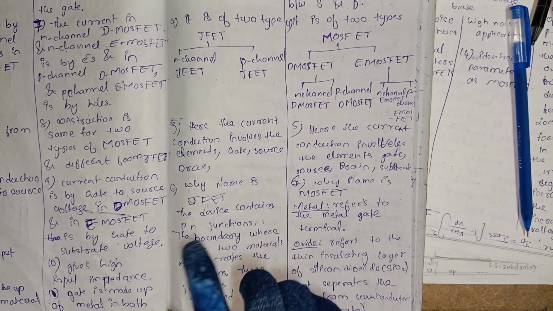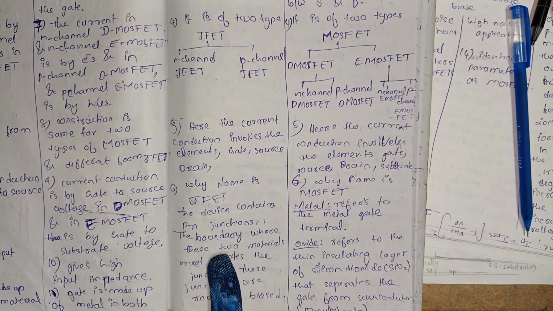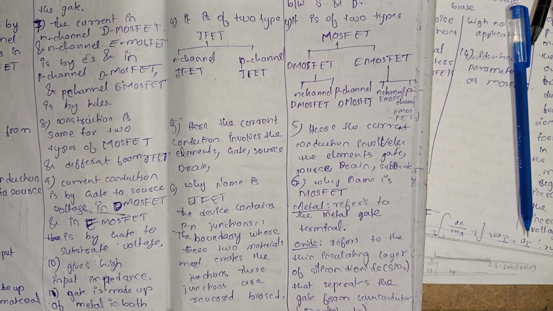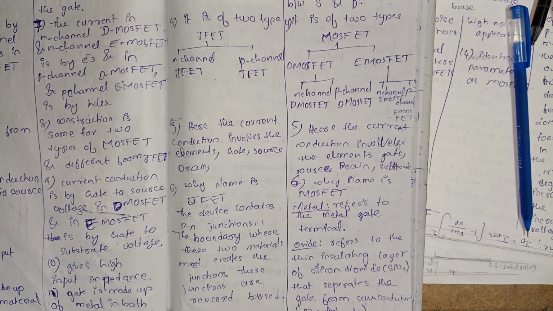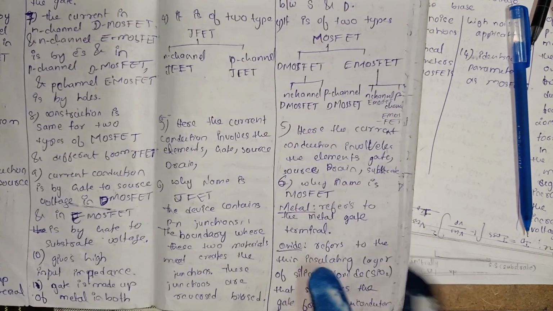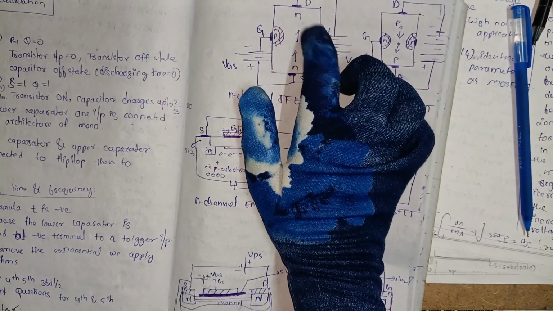Why the name is JFET: it means that the device contains PN junctions. Here are the PN junctions, PN, PN.